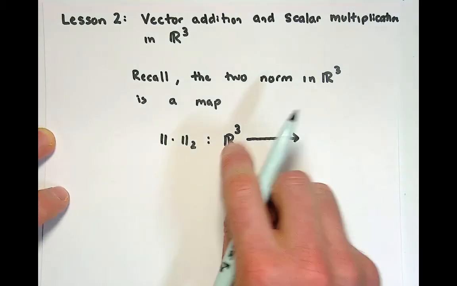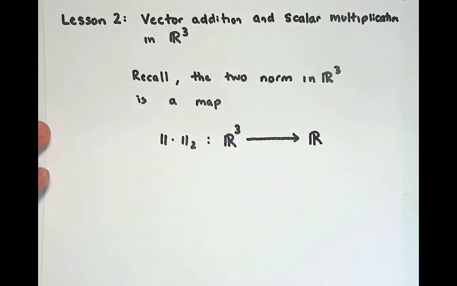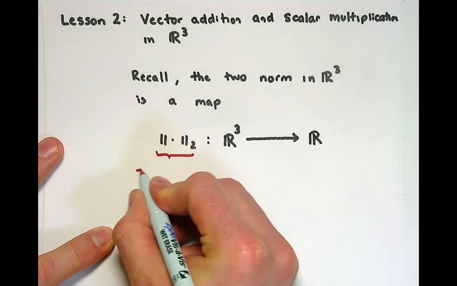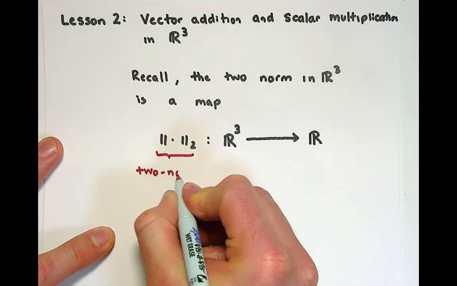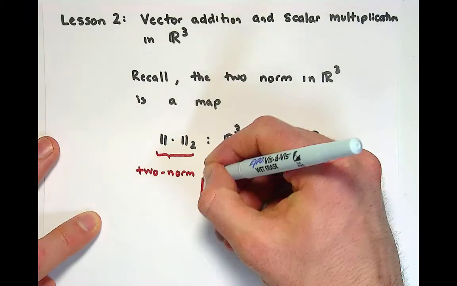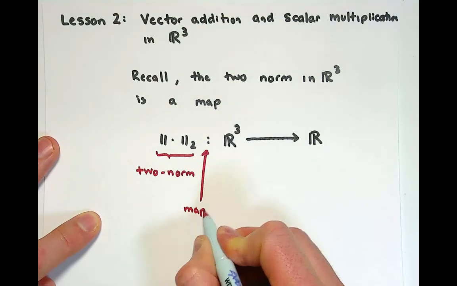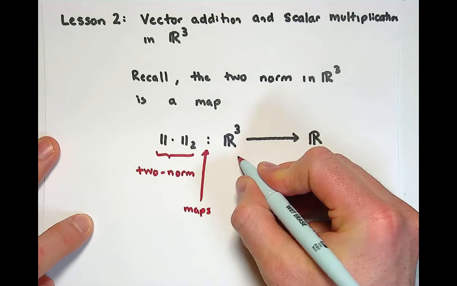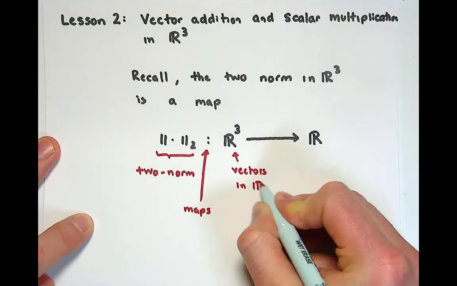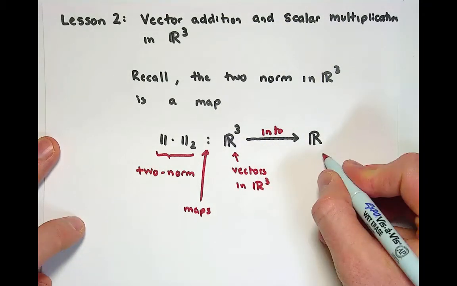It's a single input, and it gets mapped into R. The 2 norm in R3, and you have to be a little careful because we are using the exact same notation as we did for the 2 norm in R2. This maps vectors in R3 into the set of real numbers.